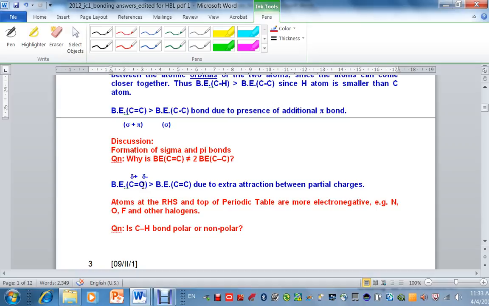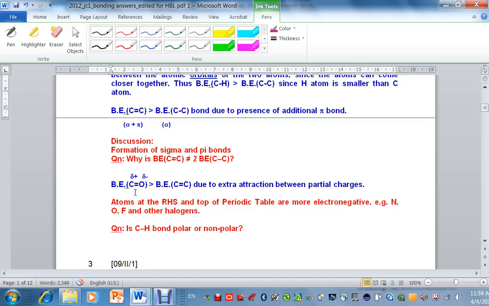Because the electrons are now closer to oxygen, this oxygen will have a slight negative charge. We represent that with delta minus. Then the electrons are slightly further away from the carbon, so carbon will have a slight positive charge represented by delta plus.